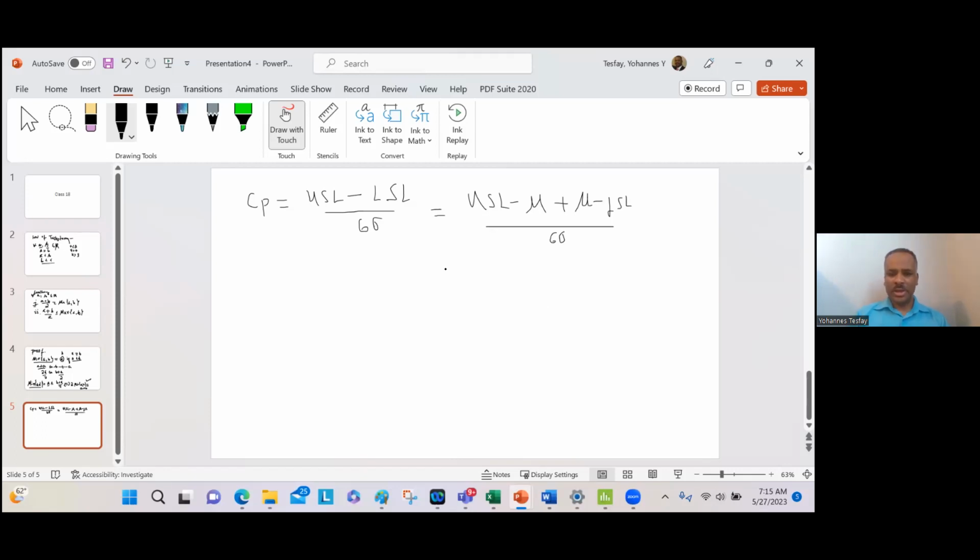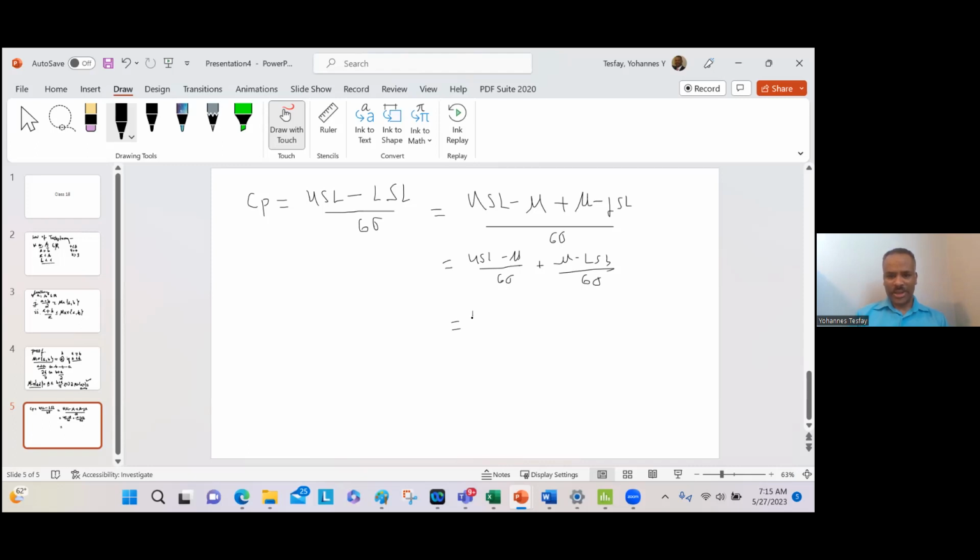6 sigma. And this is equal to the upper specification limit minus mean divided by 6 sigma plus mean minus lower specification limit divided by 6 sigma, just like that. You see? So take out 2 from here.